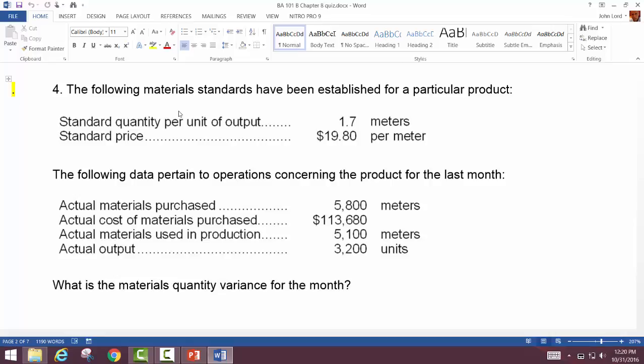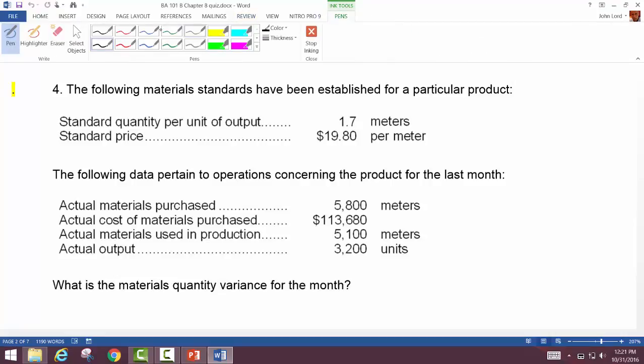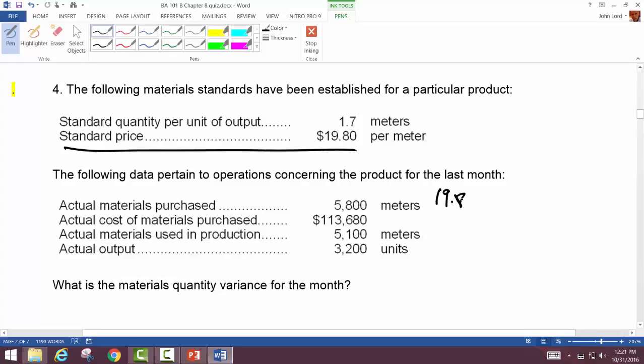So we want to do the materials quantity variance. Okay. And so when I do the quantity variance, I'm going to take the standard price. Who wants to set this up? Standard price is what? 1980 is the standard price. And I'm going to multiply that by the standard quantity minus the actual quantity.